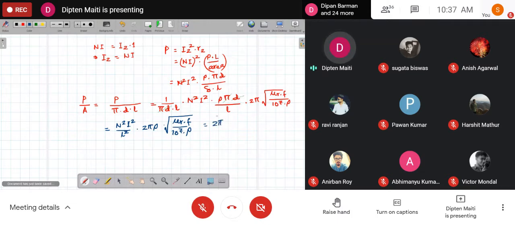Now, if you want, you can write Ni by L, which equals the magnetic field intensity, and put it here, otherwise you can leave it like this, that's not a problem. So twice pi h square and square root of mu r into f into rho divided by 10 to the power 7.